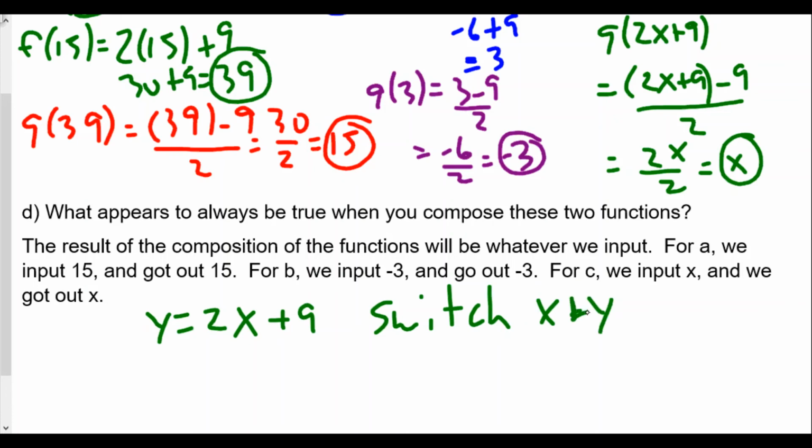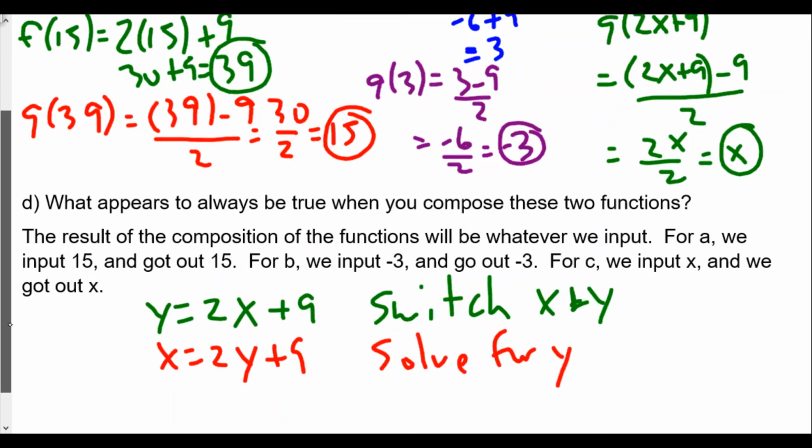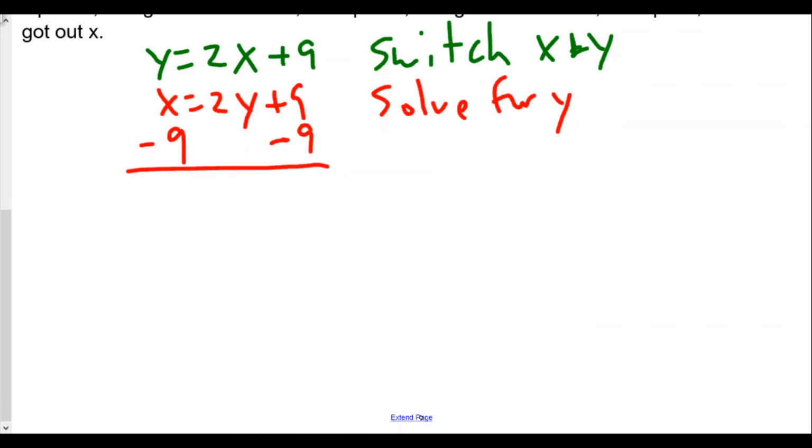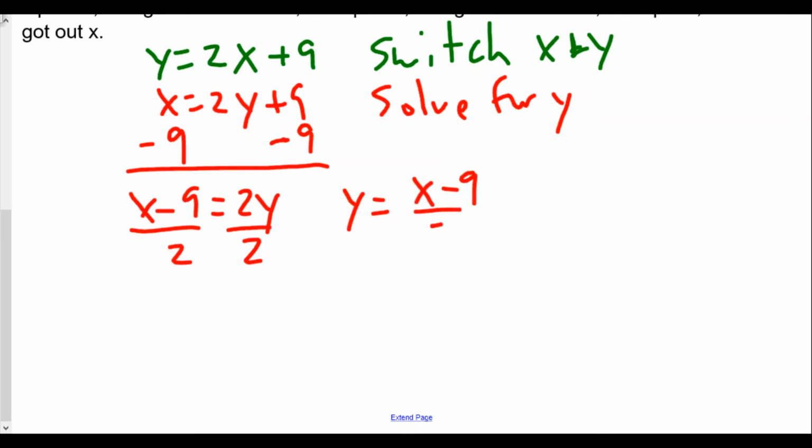So if you switch x and y, you get x equals 2y plus 9. Then we solve for y. Subtract 9 on both sides, and we get x minus 9 equals 2y. Divide both sides by 2. y is equal to x minus 9 over 2. And this is going to be g of x.